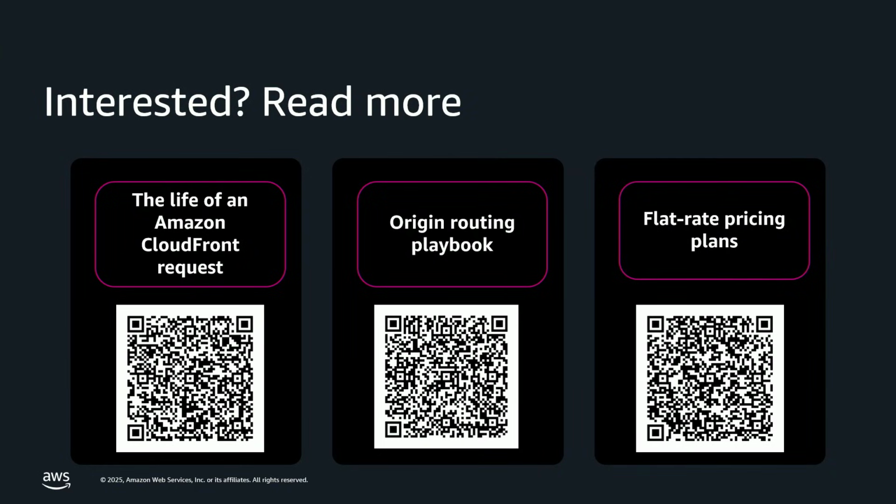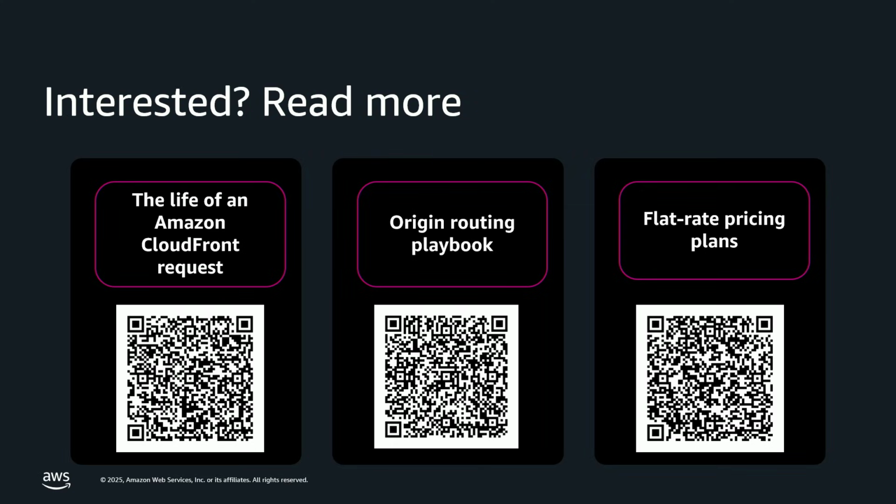Moreover, we curated three articles for you. The first two are articles that will deep dive into the concepts that we discussed today, about how the request flow is happening within CloudFront and WAF and the different approaches of using origin routing. And the last QR code is about a pricing change that we released two weeks ago.